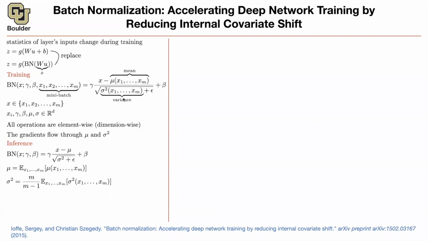Gamma and beta and W are determined through gradient descent, the first lecture that we had in this course. Mu and sigma are determined differently. Right. Mu and sigma are different. And whatever I'm talking about here is layer-wise. It's just one layer of your neural network. This is going to happen for every layer.